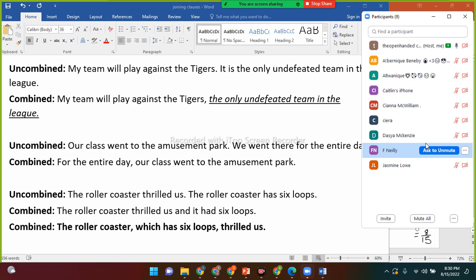Okay, Altonique. What do we mean by genuine? Nice. That's close. Genuine. Can anyone help her? If someone is genuine, they're what? When they offer you something, okay, that's true. I know what it means. Go ahead, Altonique.